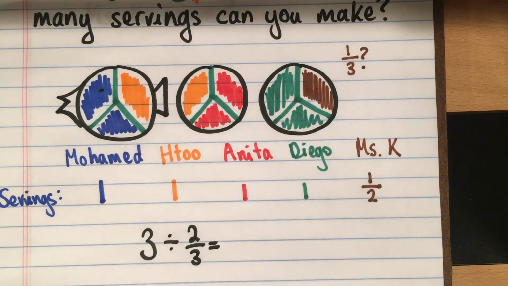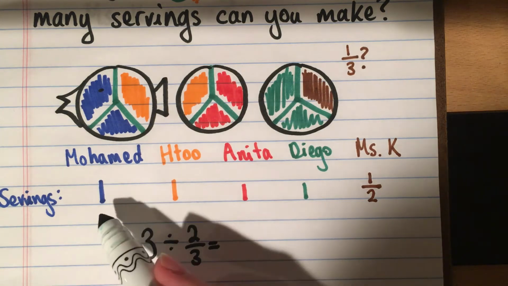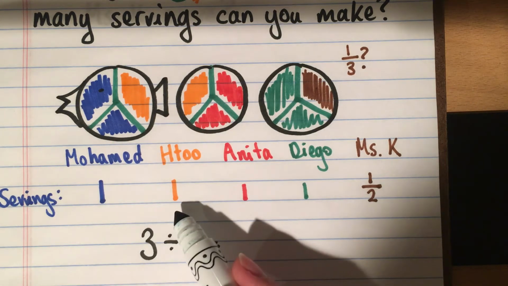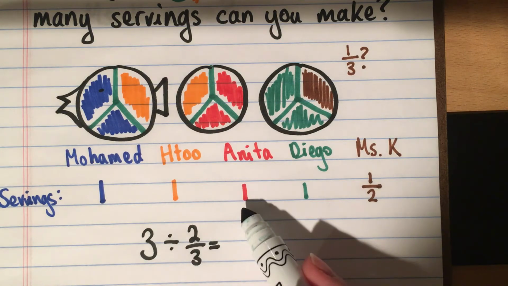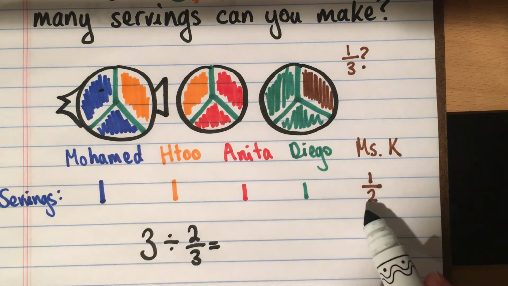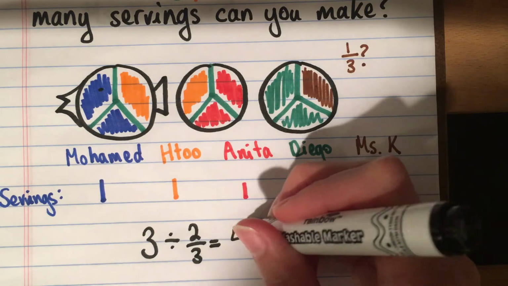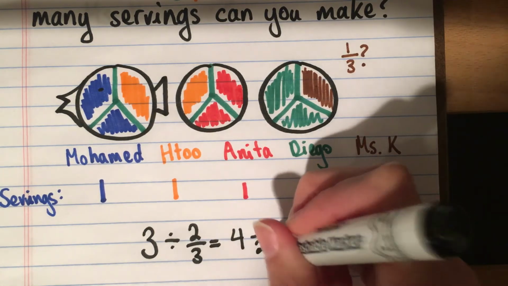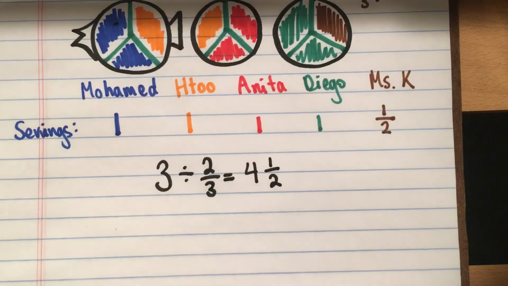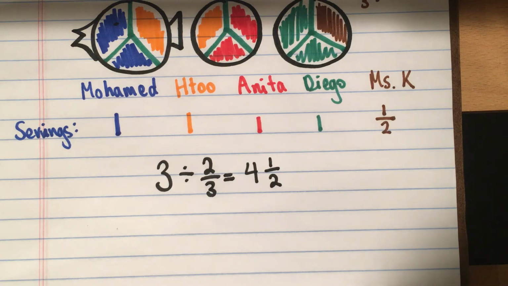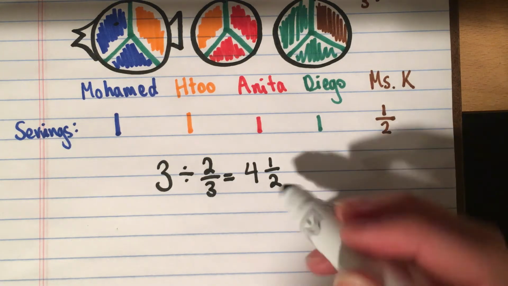Then we're going to count how many servings we got. 1, 2, 3, 4, and 1/2. 3 divided by 2/3 is 4 1/2.